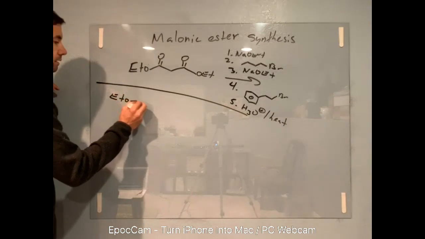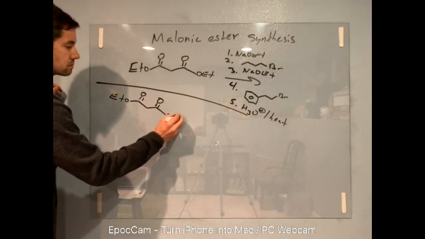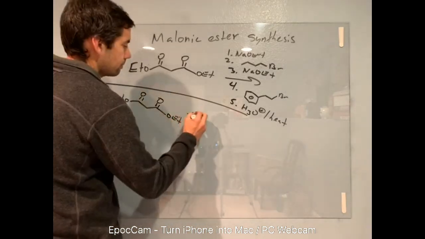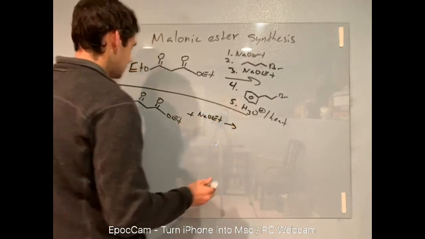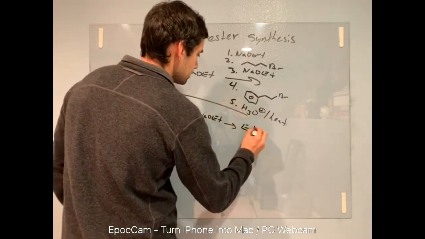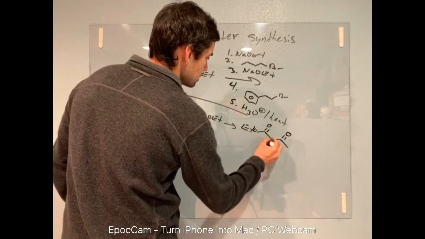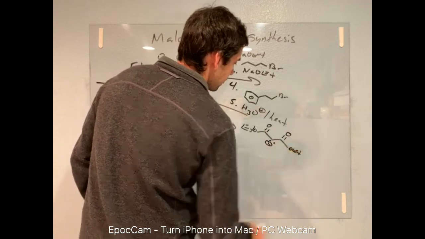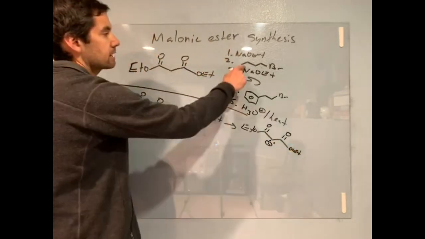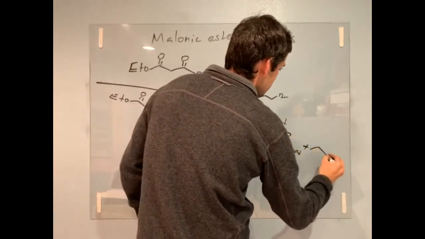So Et here. We're going to add in our base. That's going to do what? Make EtO, make our enolate. And then what? We're going to take the enolate and react it with our alkyl halide, 1, 2, 3, 4, as we talked about.